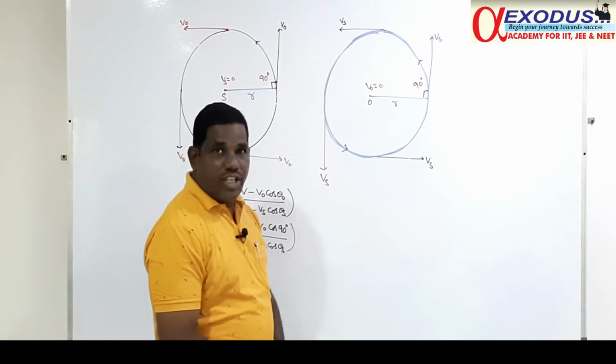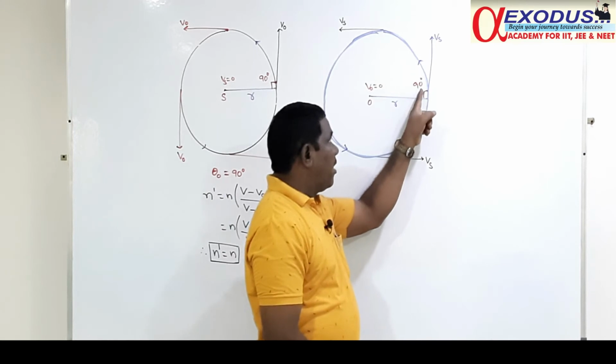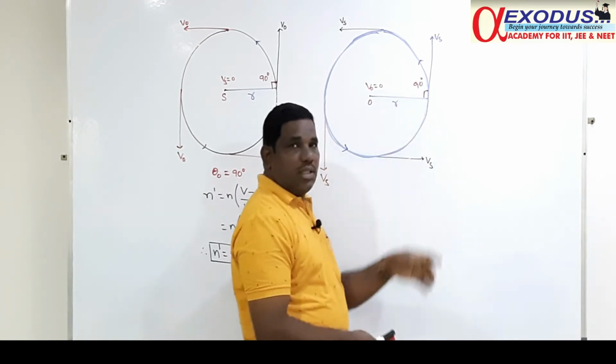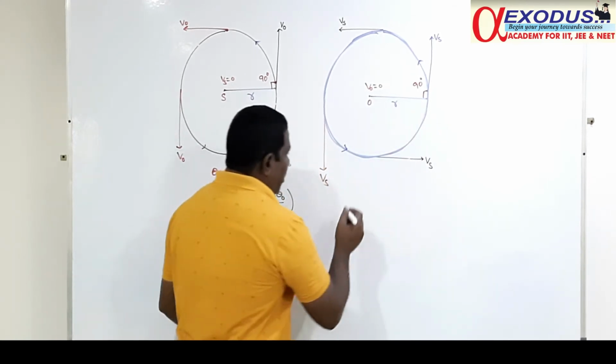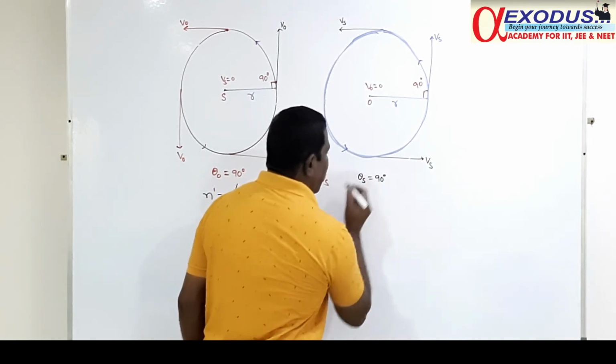In the second situation, the angle between the velocity vector and the radial vector is 90 degrees. Therefore, theta s is equal to 90 degrees.